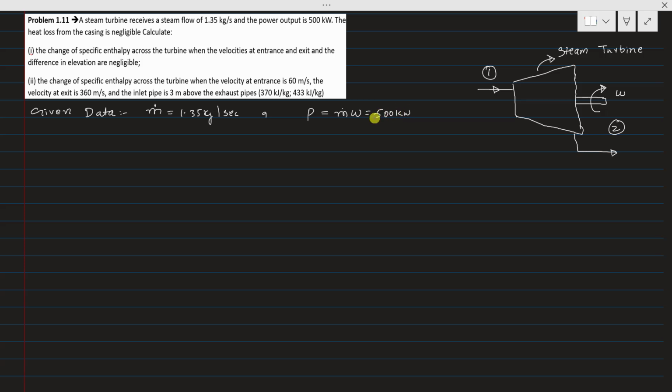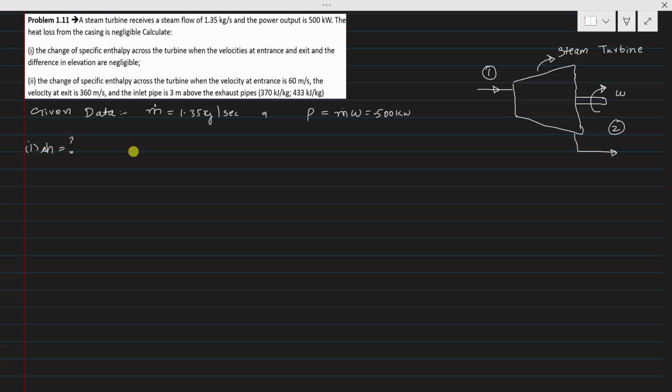The negative sign means that it gives the power output. That's why I'm putting the negative sign here. So there are two cases. In the first case, we need to find the specific enthalpy change, and in the second case we need to find the specific enthalpy under different conditions.